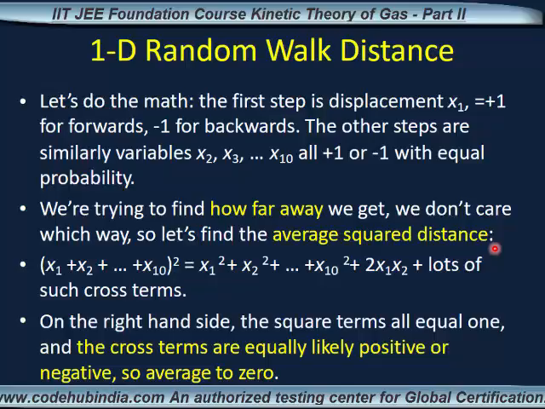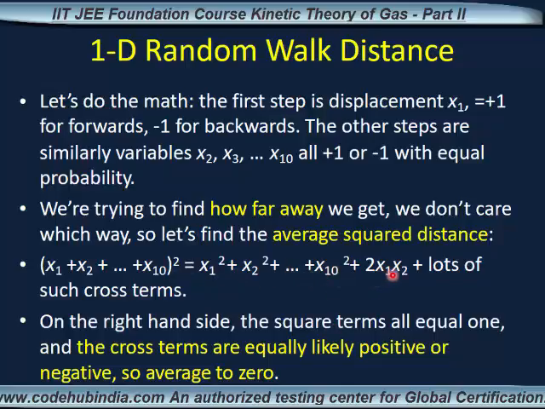Average means the square of the summation of x1 to xn, which will apply this formula. You know the (a plus b) whole square formula, that is the pattern. Similarly, x1 square, x2 square, x3 square up to xk square.